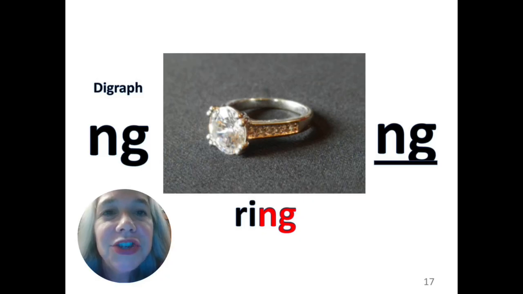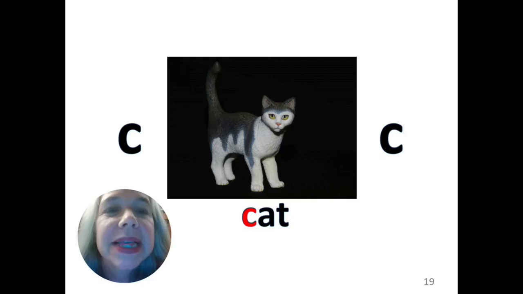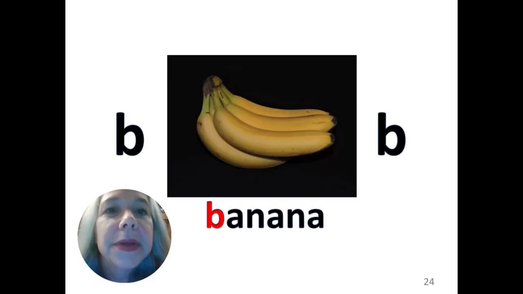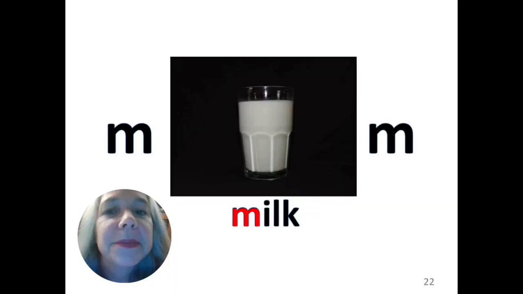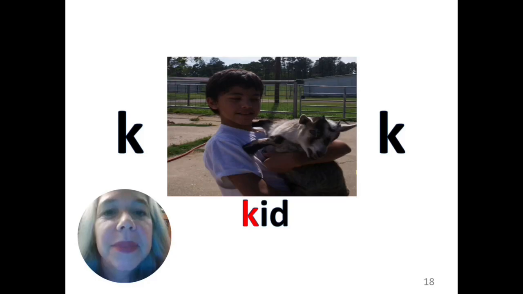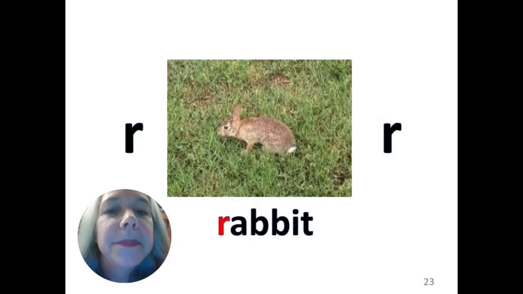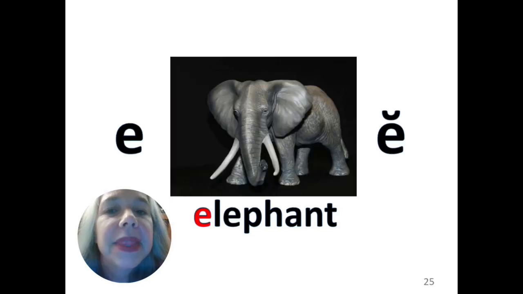Digraph NG, ring, ng. C, cat, k. B, banana, b. M, milk, m. K, kid, k. R, rabbit, r.